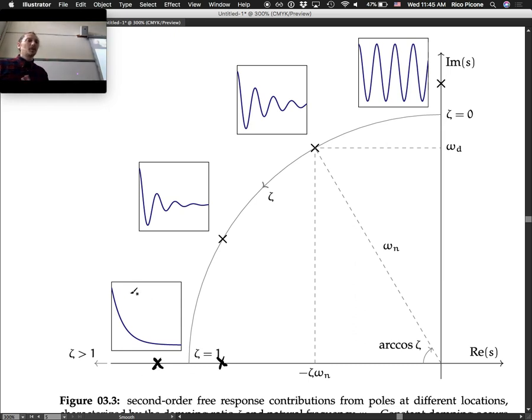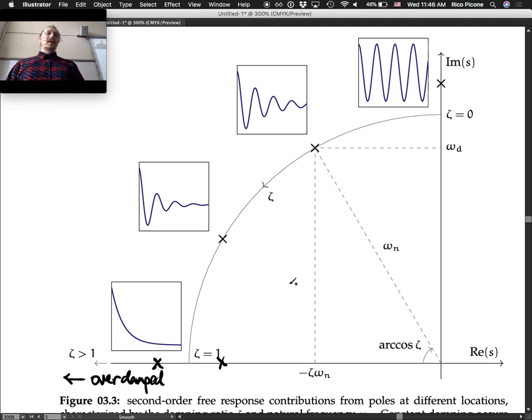Now, two real poles is just going to be an exponential decay, with two different exponential rates. We called this overdamped before, right? So zeta greater than 1.